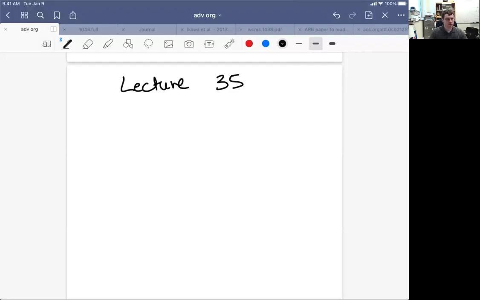So in the last lecture, we had started to look at metathesis reactions in the context of transmetallation. In this lecture, we're going to talk about some other metathesis reactions. The first one we want to talk about is sigma metathesis. Sigma metathesis is the swapping of sigma bonds.